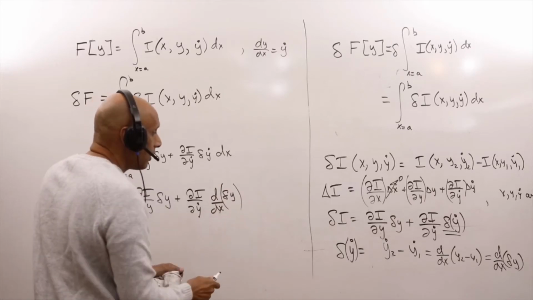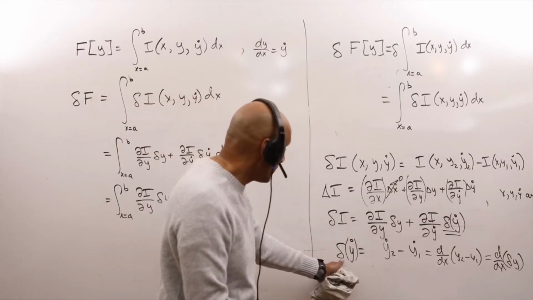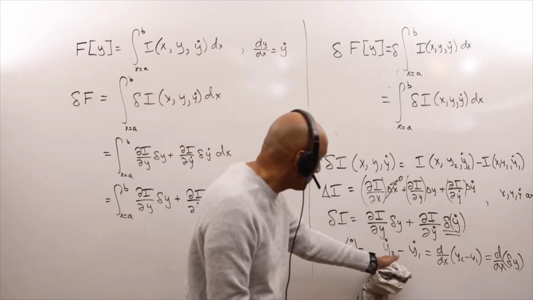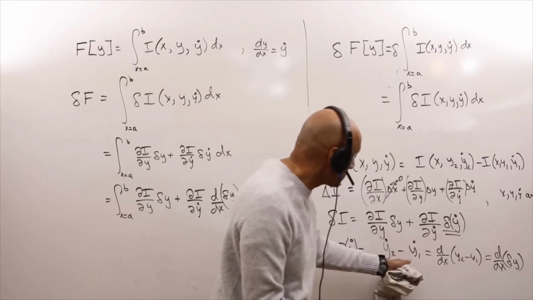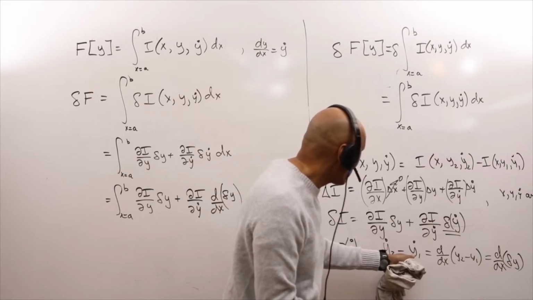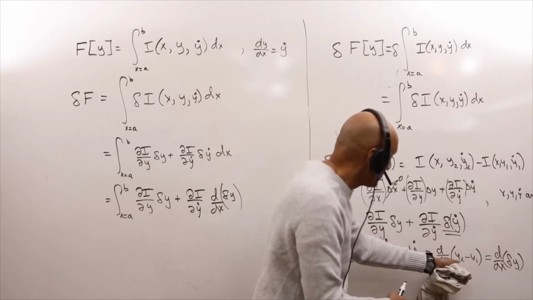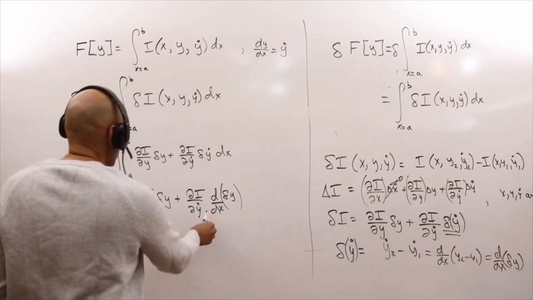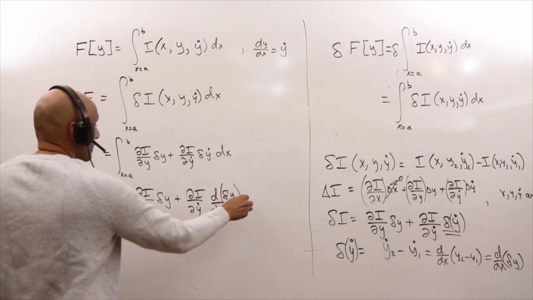And remember, all that is saying is that the variation of the derivatives is y2 minus y1 derivatives, and that's the derivatives of the difference. So that's all I did. It doesn't look like I did much.